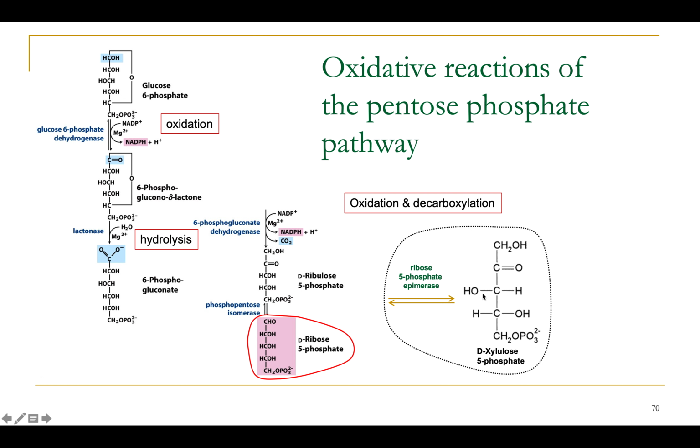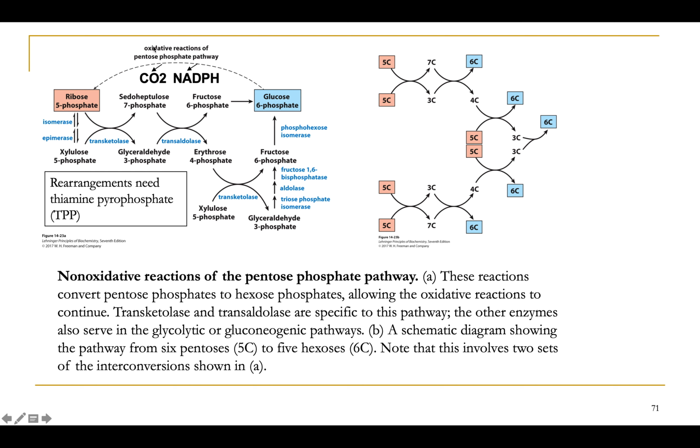And this originates a series of interconversions where the enzymes transaldolase and transketolase are used to transfer carbon skeleton pieces of various sizes between the two flavors of pentose.